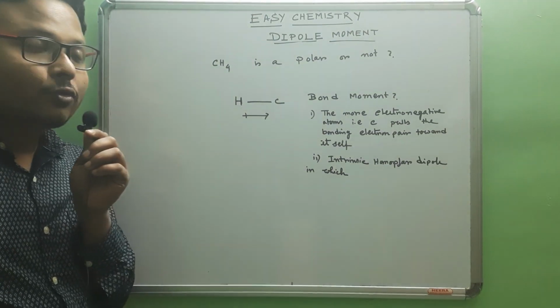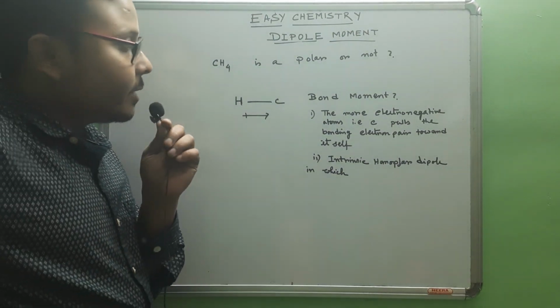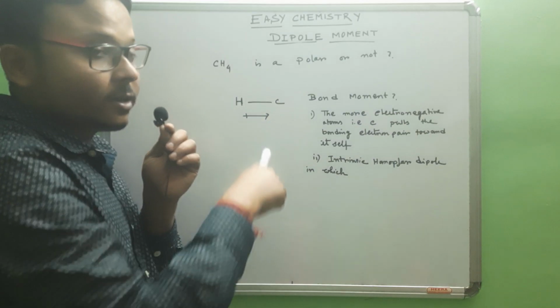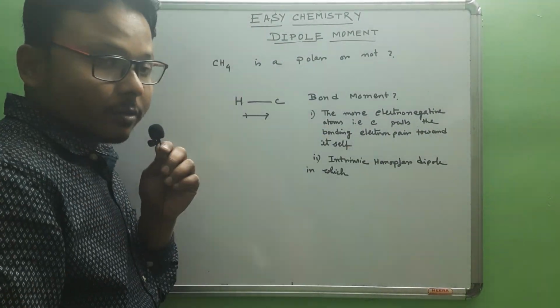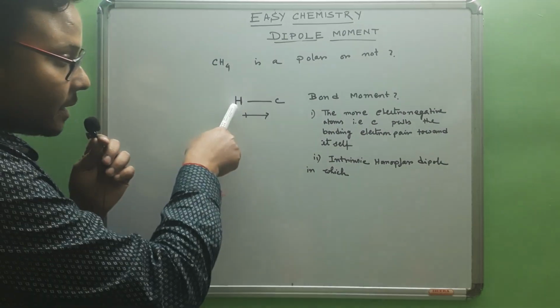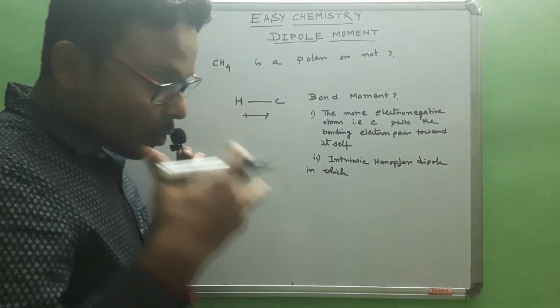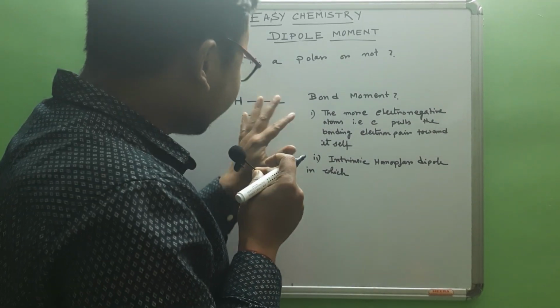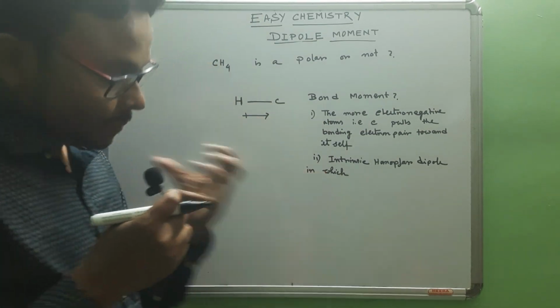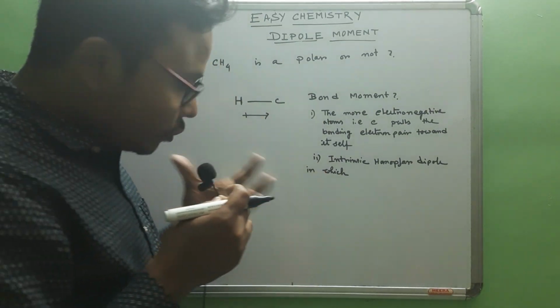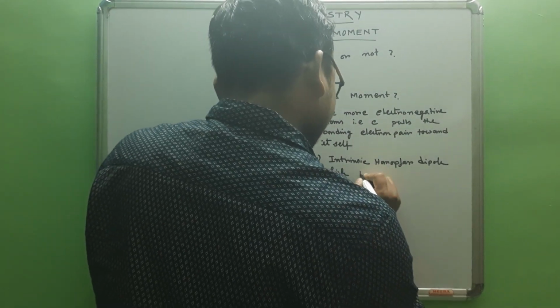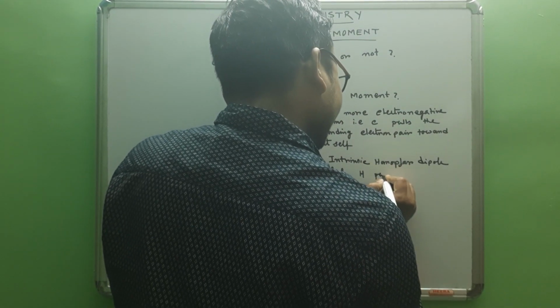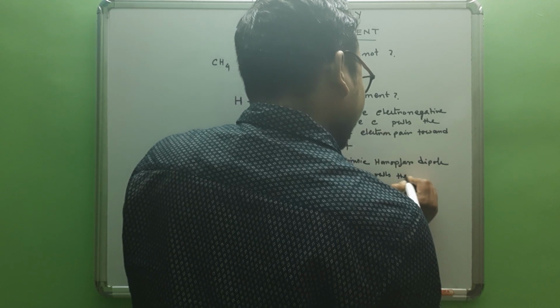In the homopolar dipole, the more compact orbital pulls the electron pair towards its own nucleus. Here hydrogen is more compact and smaller in size than the carbon atom, so the bonding pair will be pulled more towards the hydrogen nucleus. So in the intrinsic homopolar dipole, hydrogen pulls the bonding pair.